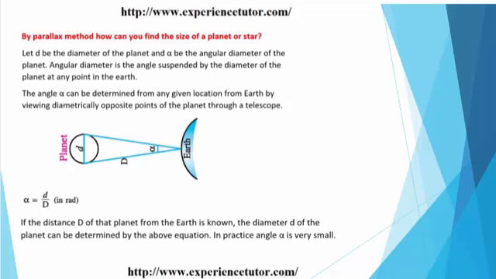The angle alpha can be determined from any given location on Earth by viewing diametrically opposite points of the planet through a telescope. Alpha is equal to d by capital D in radian. If the distance D of the planet from Earth is known, the diameter of the planet can be determined by the above equation. In practice, angle alpha is very small.